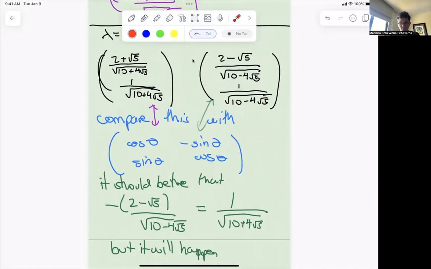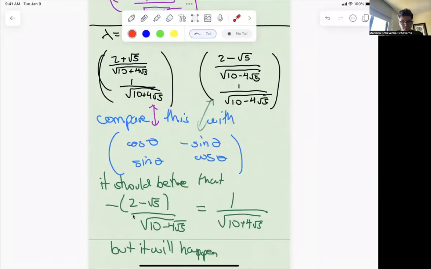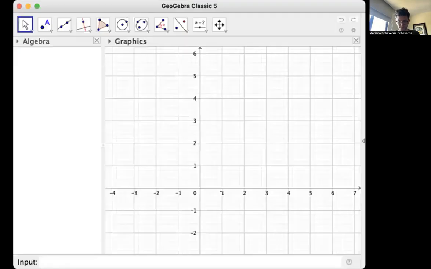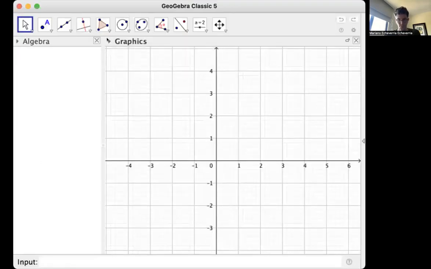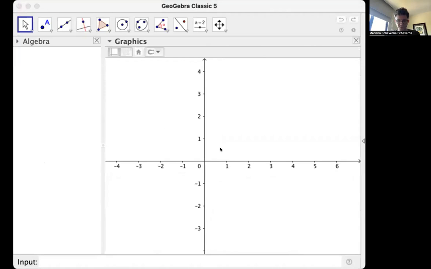And so, if you want to go to GeoGebra, let's see if I can show you how this looks on GeoGebra.